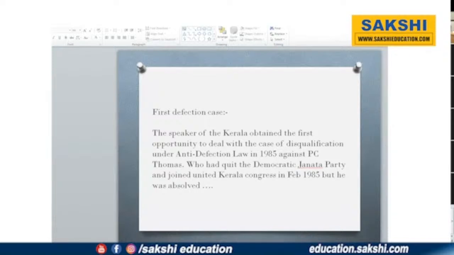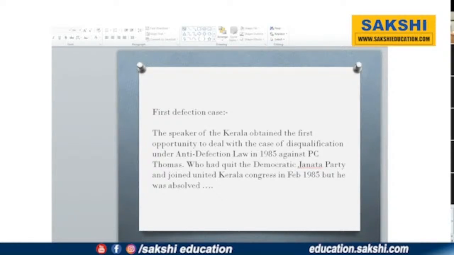The Speaker of Kerala got an opportunity to deal with a case of disqualification under this anti-defection law in 1985, against PC Thomas. PC Thomas originally contested from the Democratic Janata Party in 1985, and he later shifted his affiliation to the United Kerala Congress in February 1985.